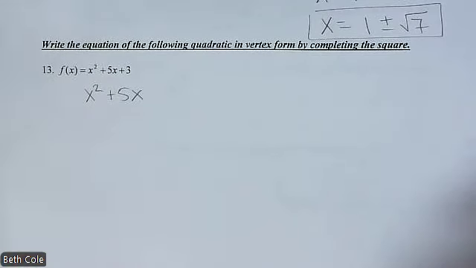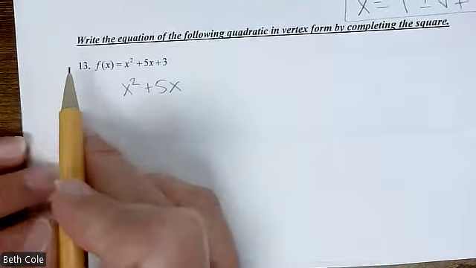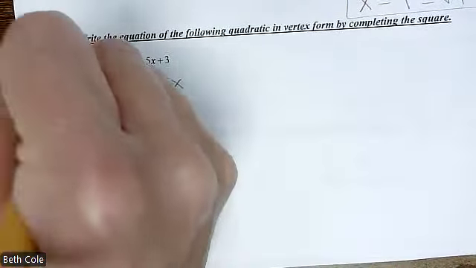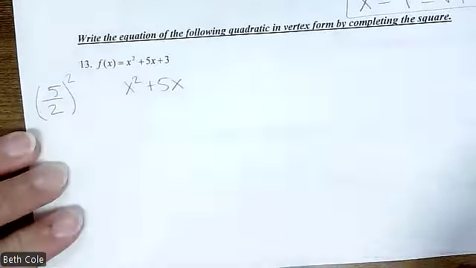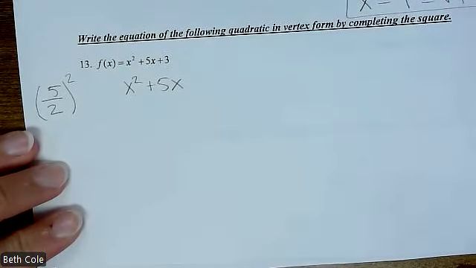And the reason it comes out to a fraction is you want to divide by 2 and square. But 5 is an odd number, so when you divide it by 2, well, we don't do decimals. It's going to be fractions, okay? So off to the side, you're going to take that 5, divide it by 2, and square it. Just write that off to the side. There's nothing wrong with a margin problem.